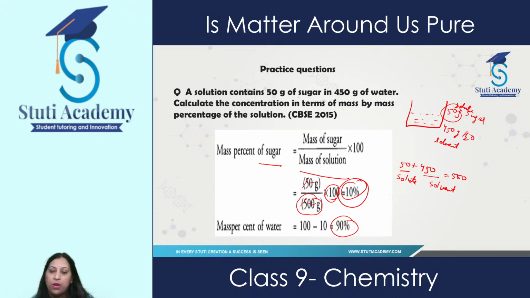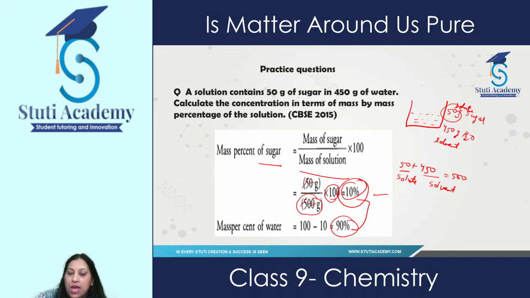And once you get this answer, you can easily see whether your answer is correct or not, because the mass percentage of solute is always less than that of the solvent. So here mass percentage of sugar, which is a solute, is merely 10%, and mass percentage of water is 90%. So in this manner, we'll get mass percentage of both solute as well as solvent.